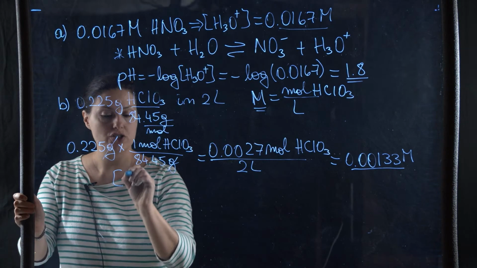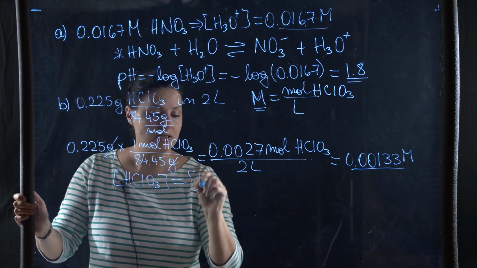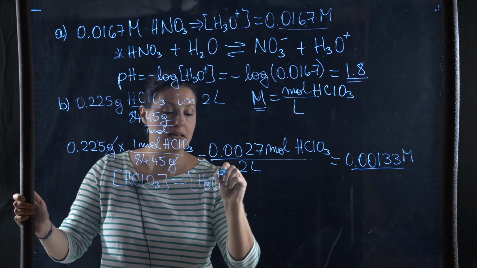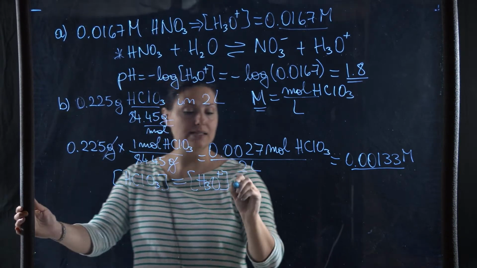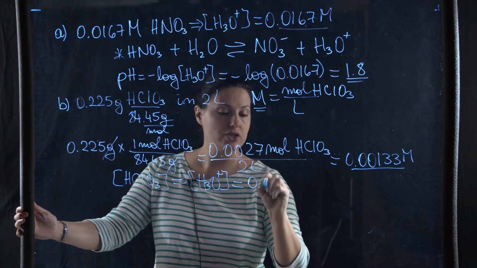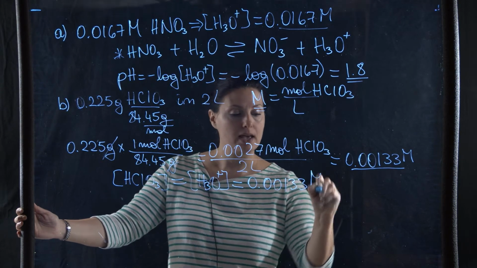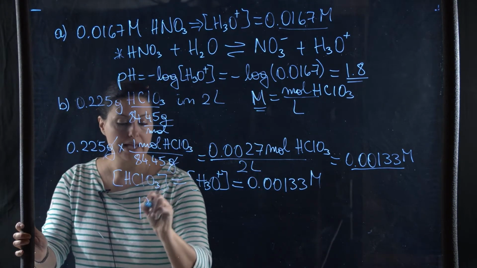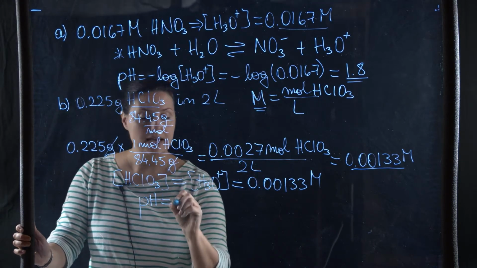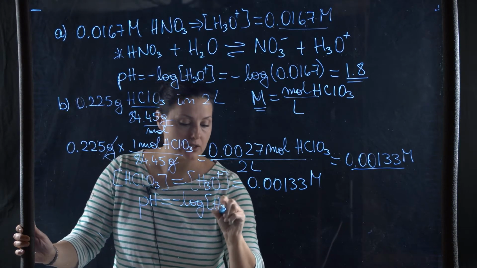Therefore, the concentration of HClO3 is equal to the concentration of H3O plus. And this is only for strong acids. That means that my H3O plus concentration is 0.00133 molar.